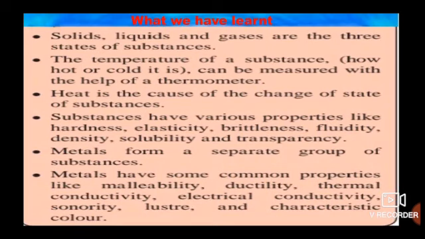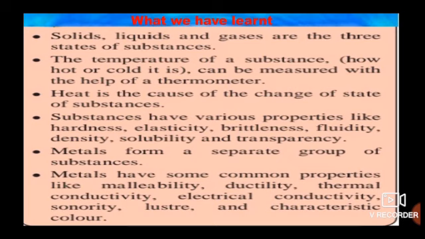What we have learned: solid, liquid and gaseous are the three states of substances. The temperature of a substance can be measured with the help of a thermometer. Heat is the cause of the change of state of substances. Substances have various properties like hardness, elasticity, brittleness, fluidity, density, solubility and transparency.